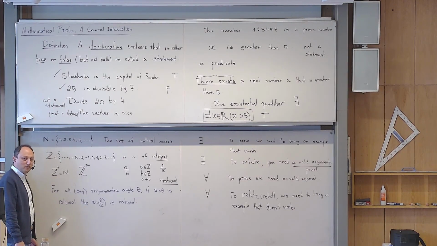Can you give me an example of an irrational number, a very, very famous one? Yes? I. No, I is too much. I is not in the real numbers. We will talk about that in the last chapter of Math 4. But just give me an example of a number which is not rational. Yes? Pi. Pi is a good example.